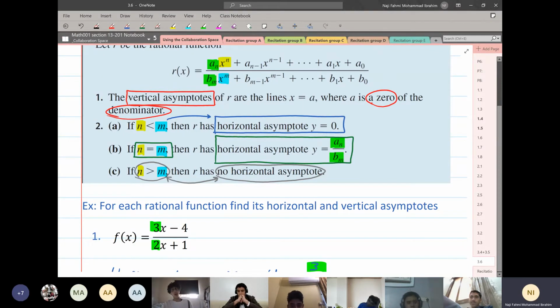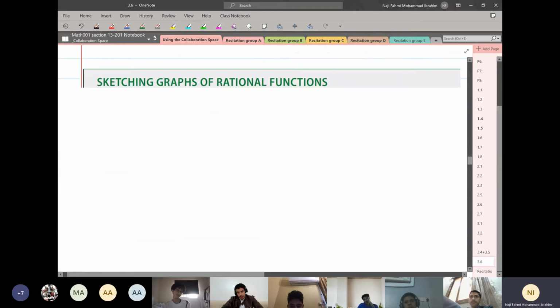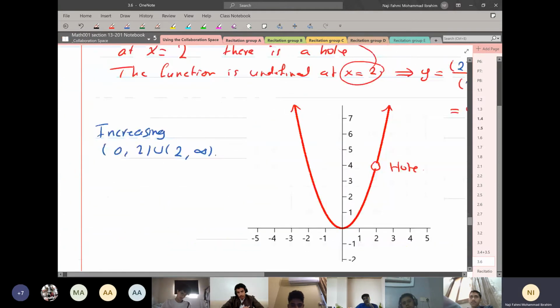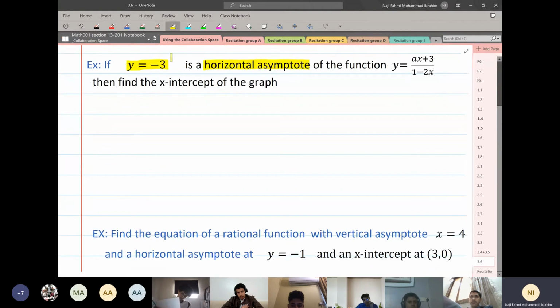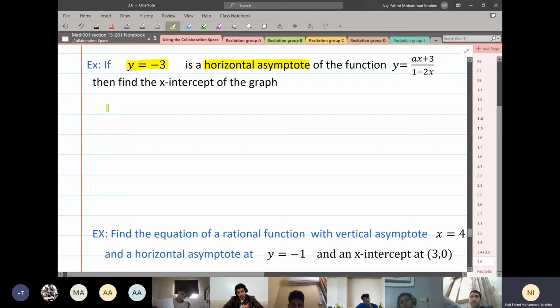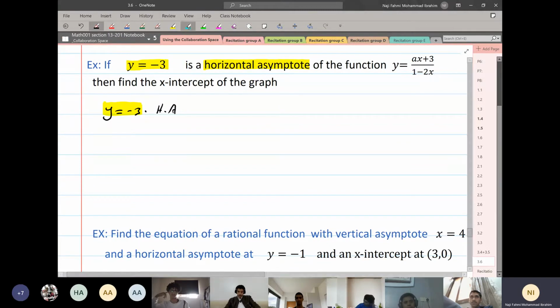Now in our question, what's the horizontal asymptote? -3. So if he gave me y equals -3, can I say anything about the degrees? Yes, equal. Thank you. So the degree of the numerator is equal to the degree of the denominator, as you can see in the function.